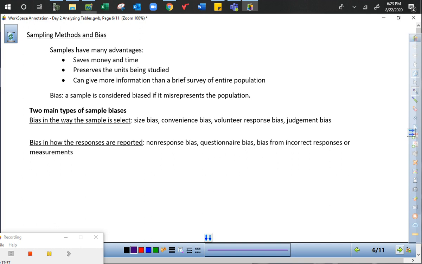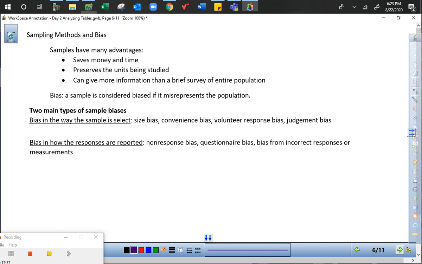So it preserves the units that you're studying. But it can also give more information than a brief survey of an entire population. When you're only looking at a small group, you can get more informed information than trying to spread your resources out to the entire population, and then not having the time to weed out false information or biased information.